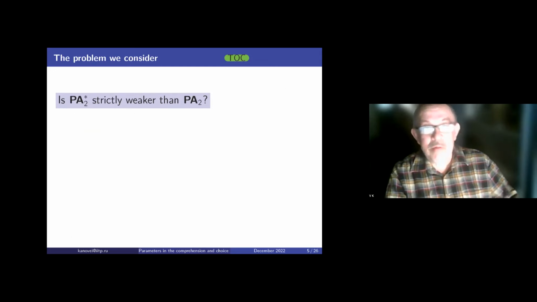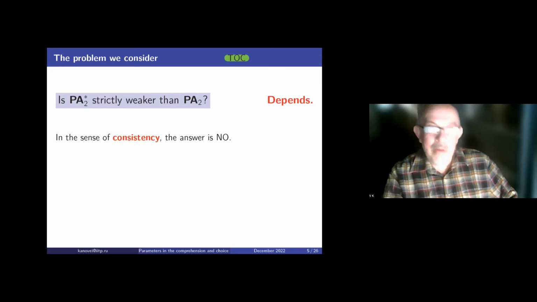This depends on what we mean exactly by comparison of strength. If we look at this from the point of view of consistency, then the answer is negative.